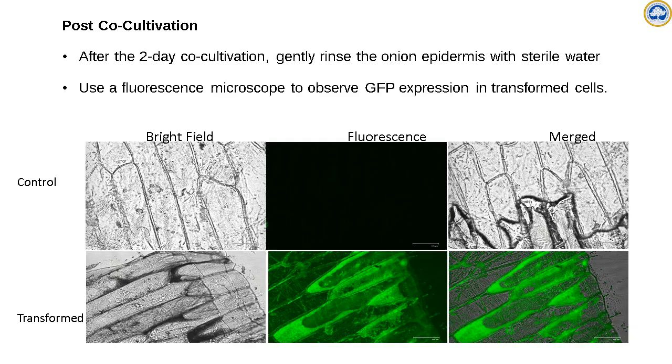In the control, you can see no fluorescence, and the merged image also is clear, whereas in the infected epidermal cells you can see clearly that there is a good amount of GFP expression in the onion epidermal cells. So this can be used for gene expression studies, promoter analysis, and for transient assays of important proteins.